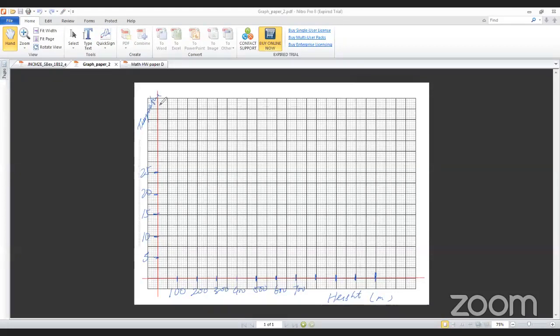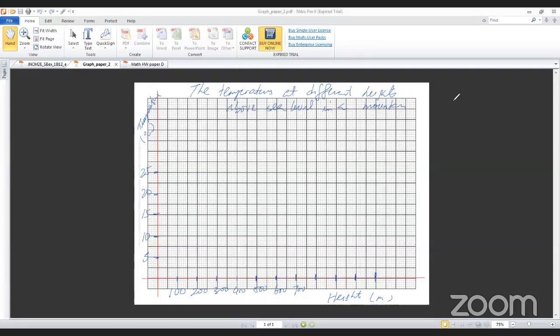If you are using the paper, then you can turn your paper to do it. And then we have the temperature at different heights above sea level in a mountain.